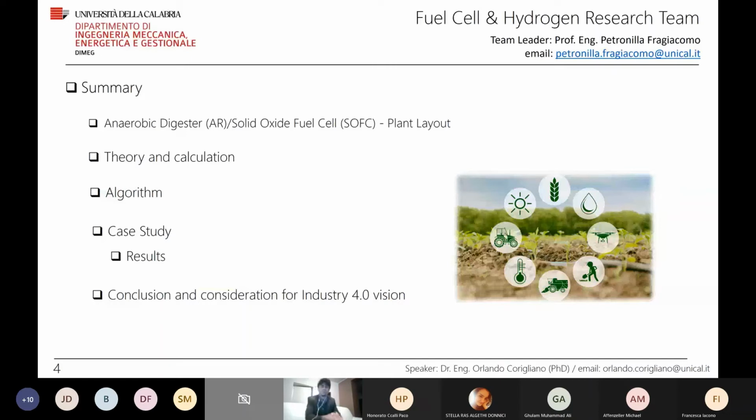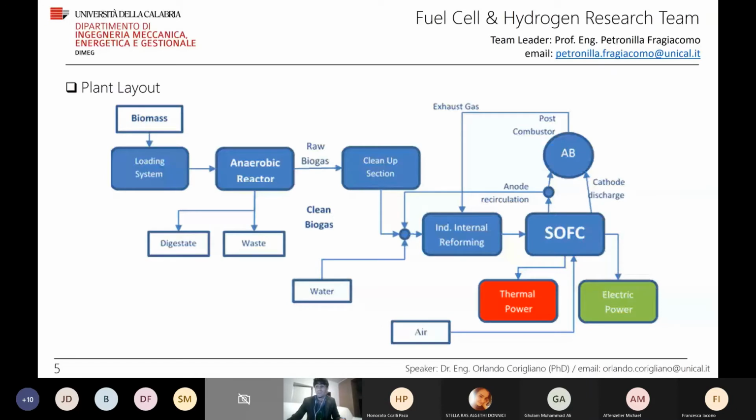So we have in this slide the plant layout. As we can see, biomass is properly collected and organized in the substrate before being loaded into the anaerobic plant. The latter gives rise to biogas as well as digestate and waste. After cleaning up, the biogas enters the fuel cell energy unit, where it is first processed in the indirect internal reforming with water steam and with the recirculated anode off-gas.